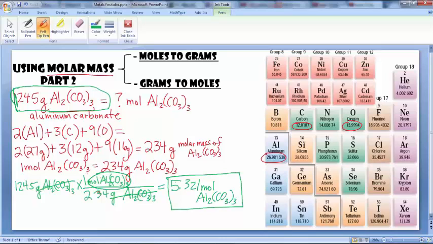And I can go from milligrams to grams to moles to number of molecules. I can do that conversion. So that is 1, 2, 3, 4 steps.